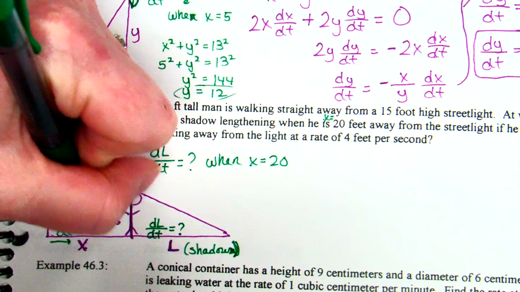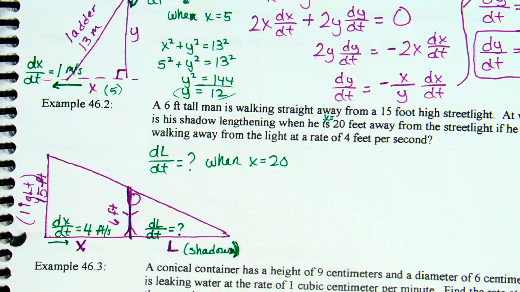Do you remember similar triangles? Do you see a big and a small triangle there? In my small triangle, the bottom is L, and the human is 6. In my big triangle, my side is 15.